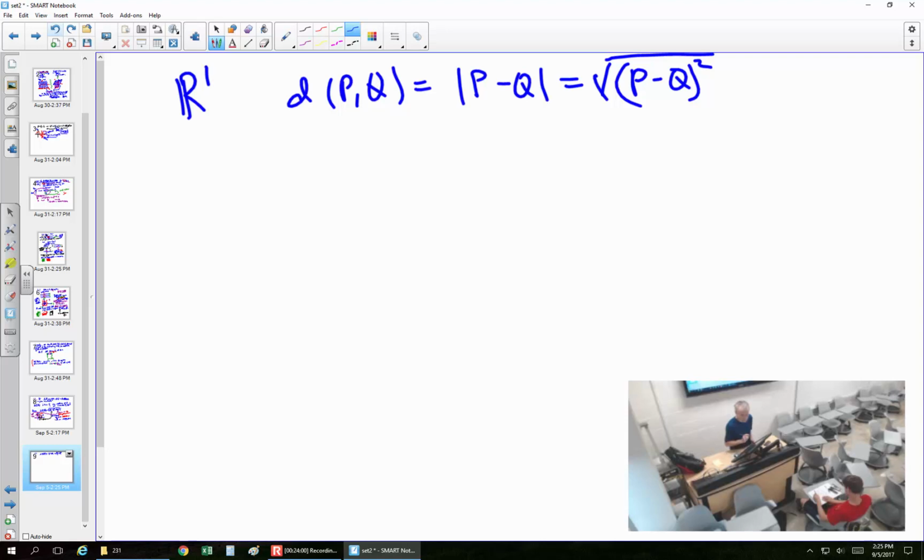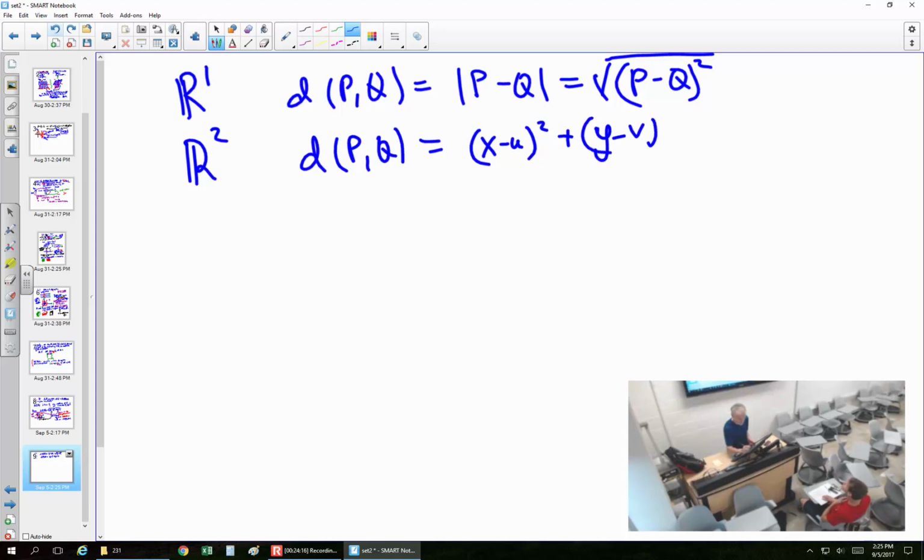Why would I do it this way? I want you to see the similarity with dimension 2. It will be the square root of (x minus u) squared plus (y minus v) squared. In either case, you have a square root, and you have a difference of coordinates squared.